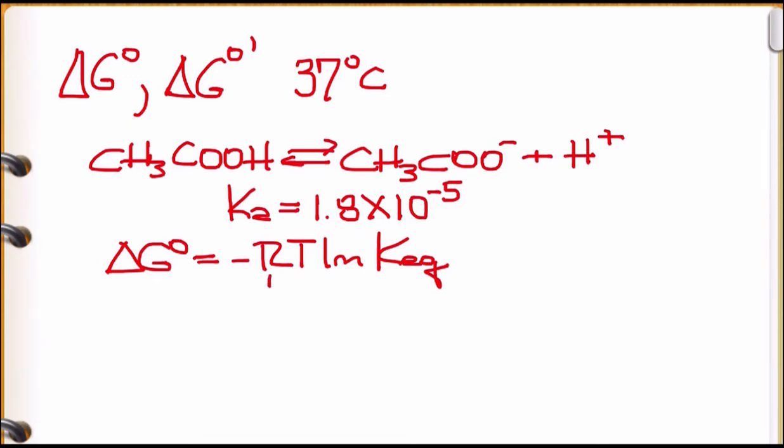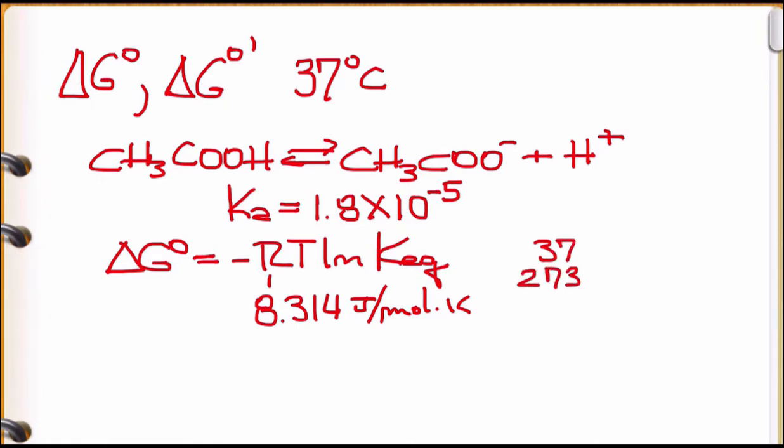We know that R is 8.314 joules per mole per Kelvin. The temperature here is 37, so we have to use temperature in Kelvin, plus 273, so this is going to be 310 Kelvin.